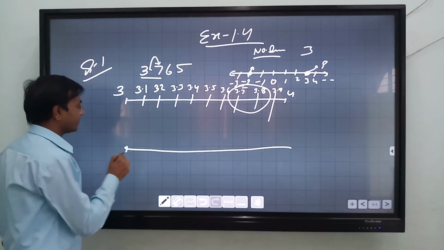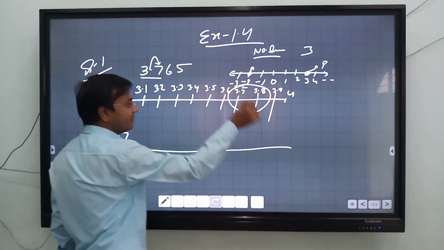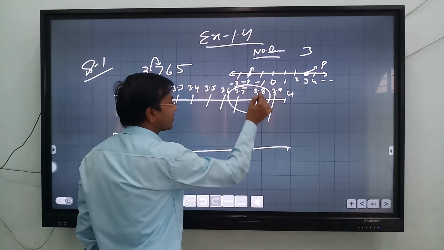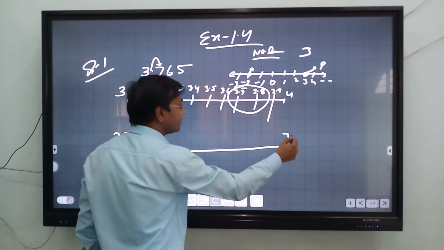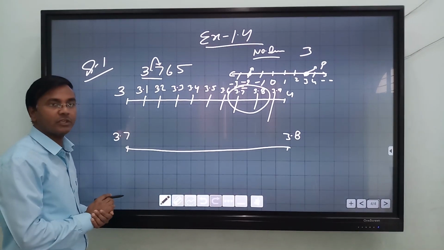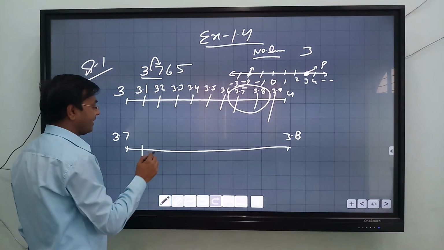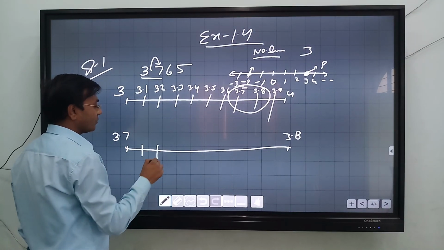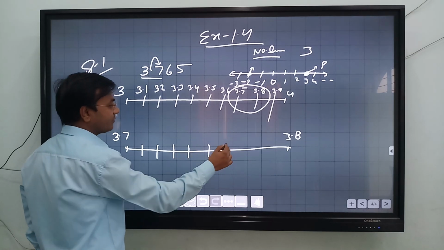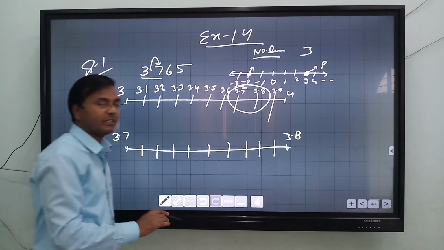what we have to do, right here this 3.7 which I have encircled, and the last one is 3.8. Again divide this segment into 9 small divisions having equal gap, 2, 3, 4, 5, 6, 7, 8, 9, and the next one is itself 3.8.